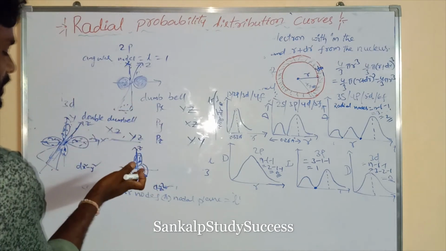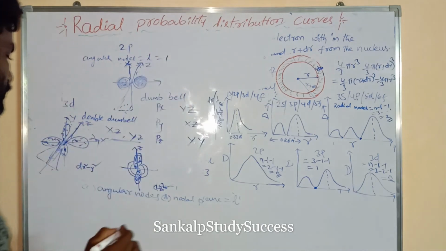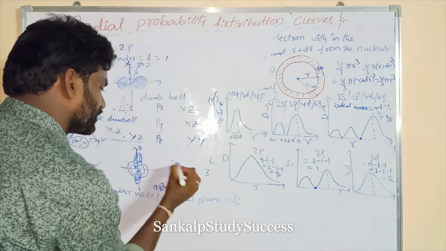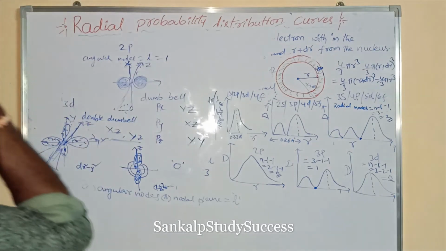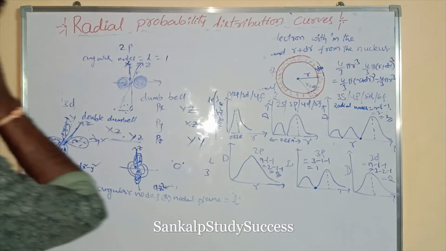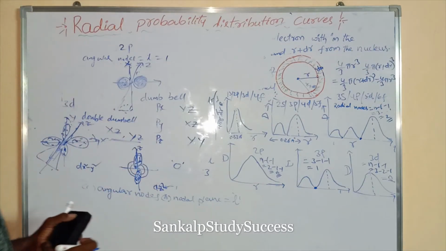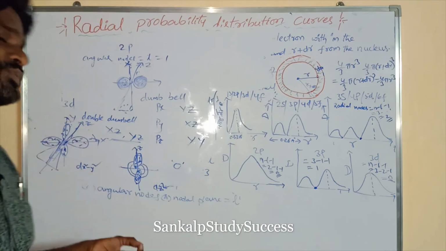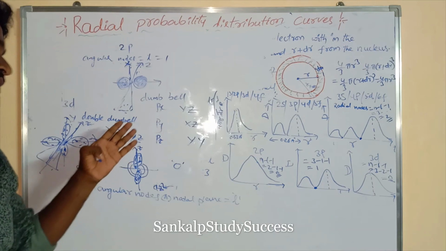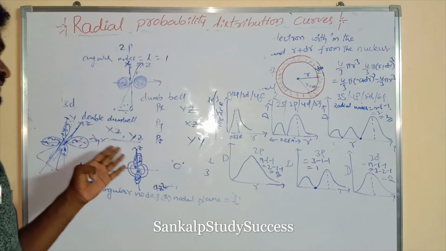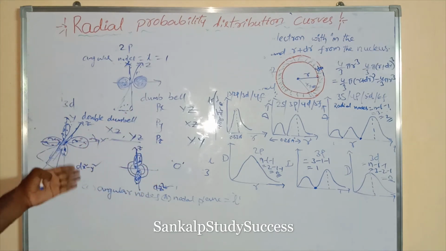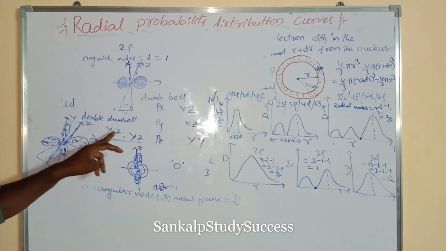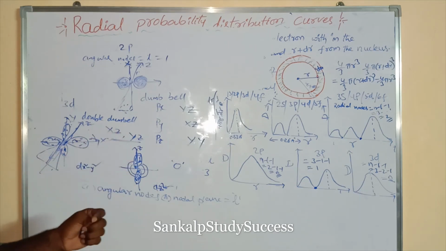So for dz square orbital, nodal planes are 0. For dxy, dyz, dzx, dx square minus y square each has 2 nodal planes. For example, dx square minus y square has xz and yz nodal planes.